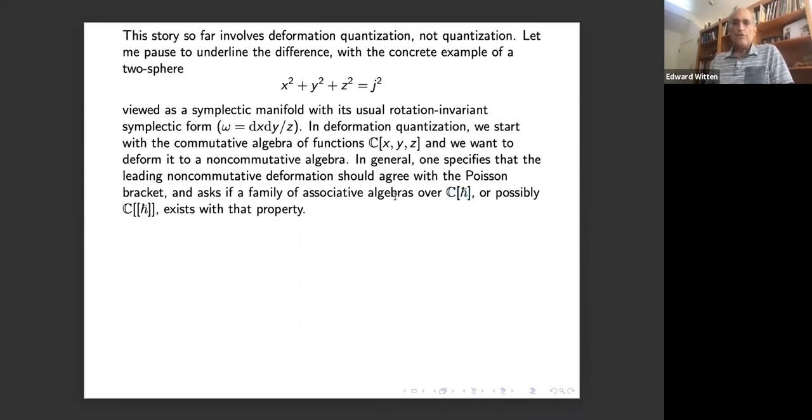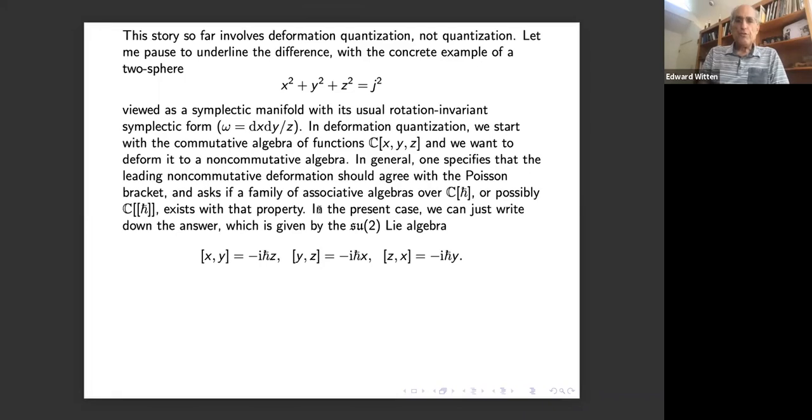But in either case, you're allowed to make a perturbative expansion, a formal expansion around h bar equals 0. In one case, that's all you can do. In the other case, you could do more. And you specify that the leading deformation for small h bar should agree with the Poisson bracket. And then you ask if there's a family of associative algebras that at h bar equals 0 is the classical algebra, is deformed by the Poisson bracket, and can be defined over one or the other of these rings.